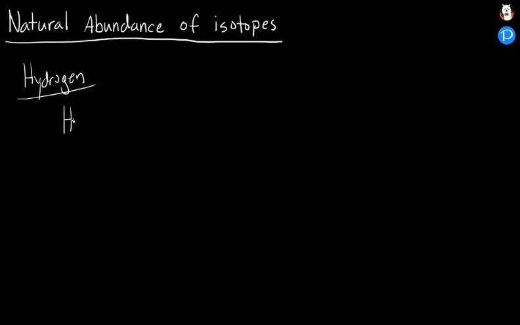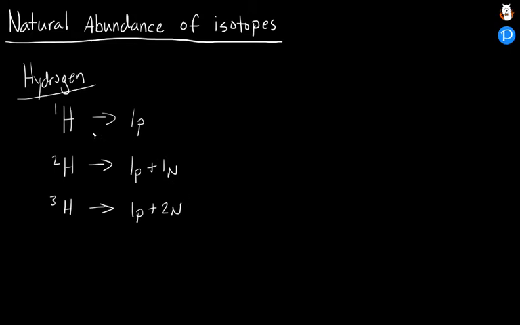Some atoms might be H1 atoms, in other words, atoms that have just one proton. I could also find atoms of hydrogen that are H2, meaning they have one proton and one neutron. And then I could find H3 atoms, which have one proton and two neutrons.